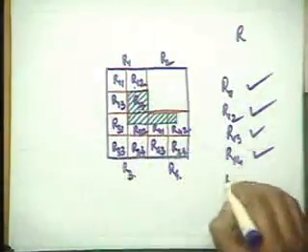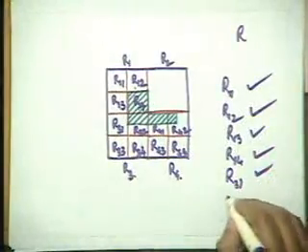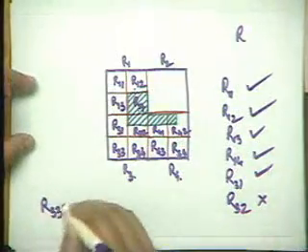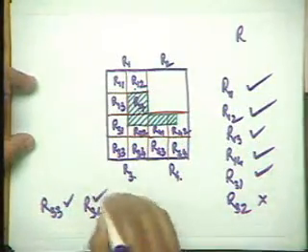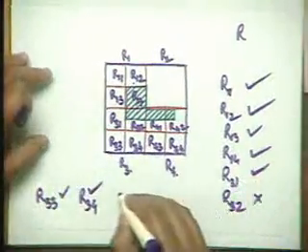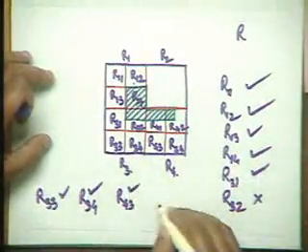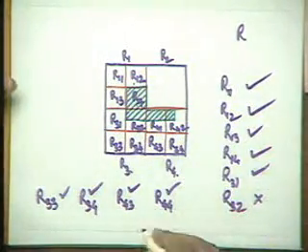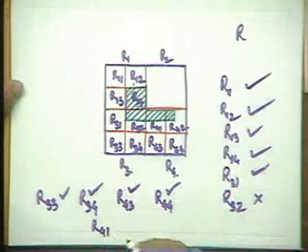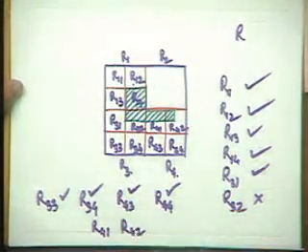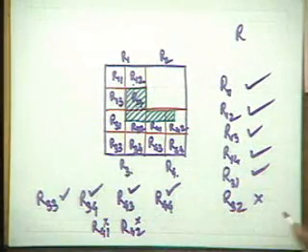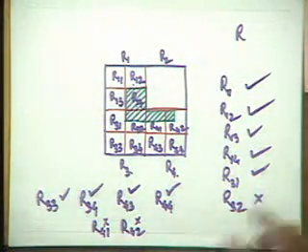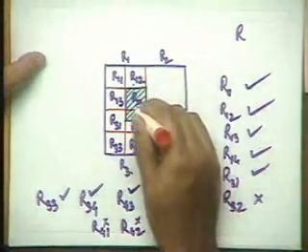R31, yes. R32, no. R33, yes. R34, yes. Again, R43, yes. R44, yes. And only 2 other regions haven't fulfilled, that is R41 and R42. R41 and R42 we must subdivide further. So what I do now is make further subdivisions.